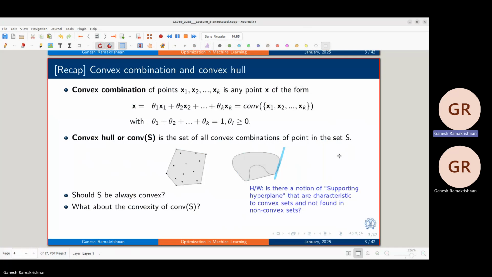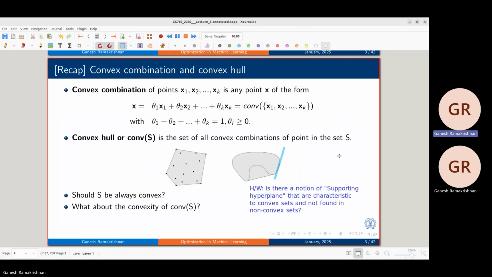So definition 1 of the convex hull basically is convex combinations of all points, all pairs of points. Consider all the points, and you fill up the space basically, right?